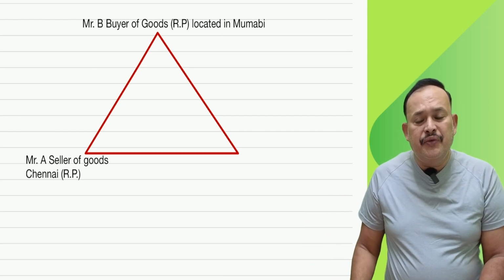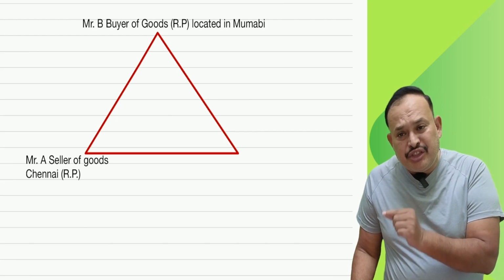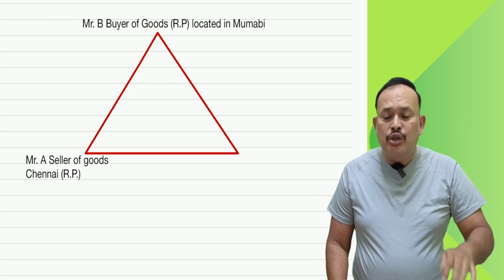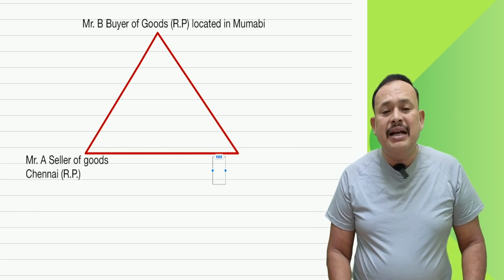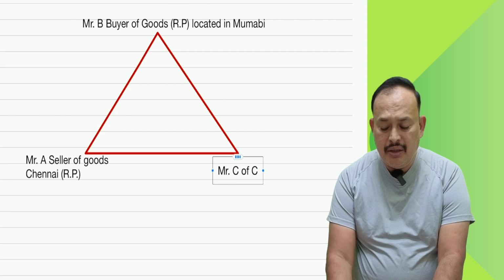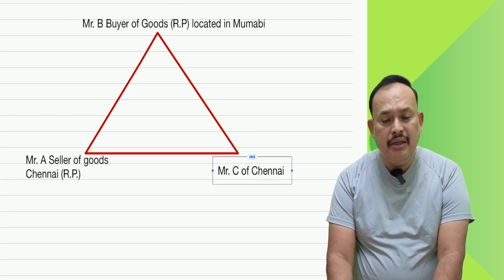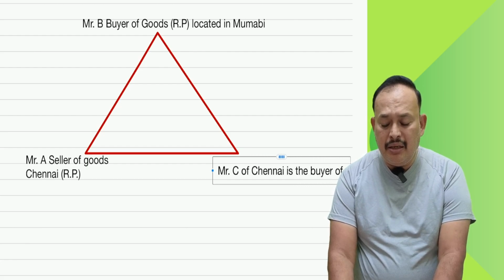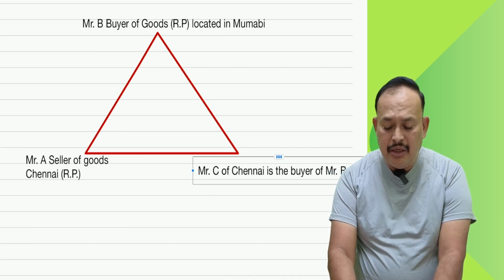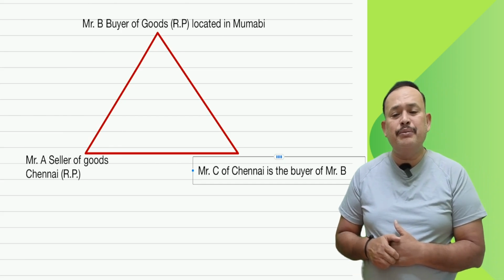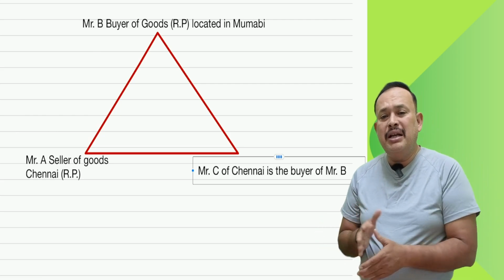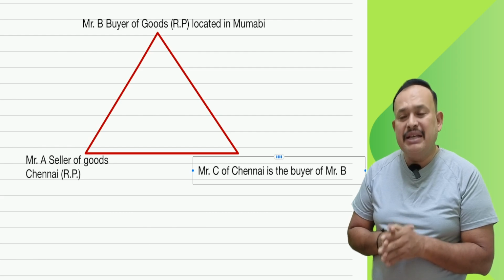If the goods come from Chennai, Tamil Nadu to Mumbai, Maharashtra, again I am going to send those goods to one of my buyers located in Chennai itself, who is Mr. C. Mr. C of Chennai is the buyer of Mr. B. So I am requesting you, seller, you bill to me, you ship to my Chennai buyer, requested by Mr. B.